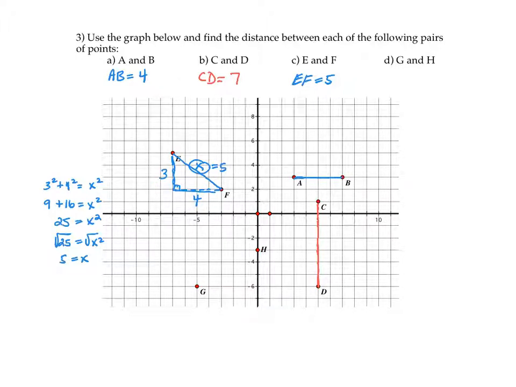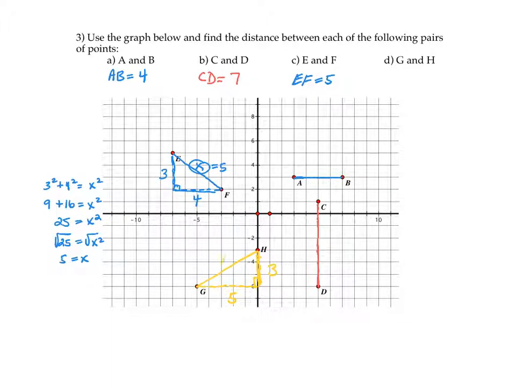So we're going to apply that same idea to points G and H on our graph. So first connect those 2 points, and then look for a right triangle that you can use. So I'm going to go to the right and down. So there's my right triangle. The sides of the right triangle have lengths of 3, and this side is 1, 2, 3, 4, 5.